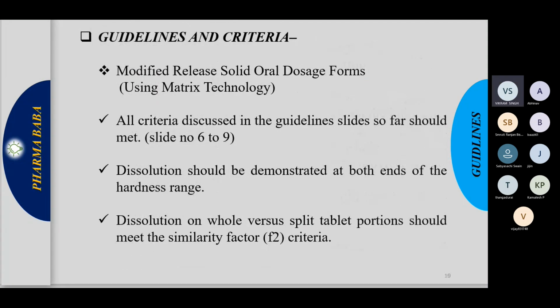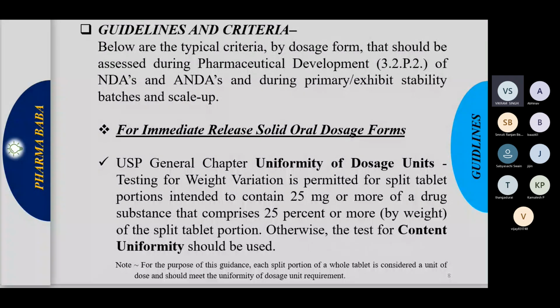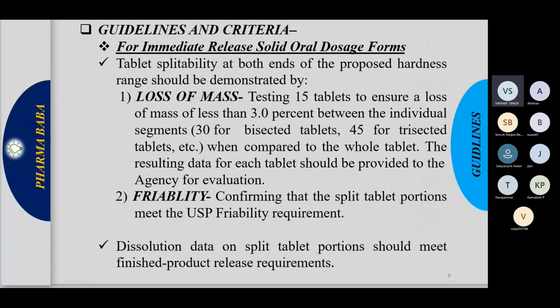So these are the requirements for the immediate release tablets: uniformity of content, uniformity of dosage unit, loss of mass, friability, and dissolution specification. Dissolution is critically mentioned here, and earlier we also discussed that it should meet the FPS spec. So we have to analyze our split tablet portion as per the FPS spec of that particular strength.